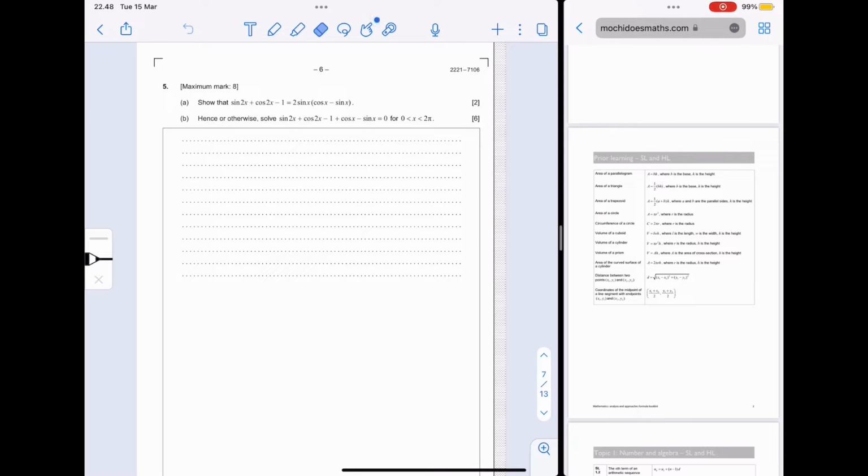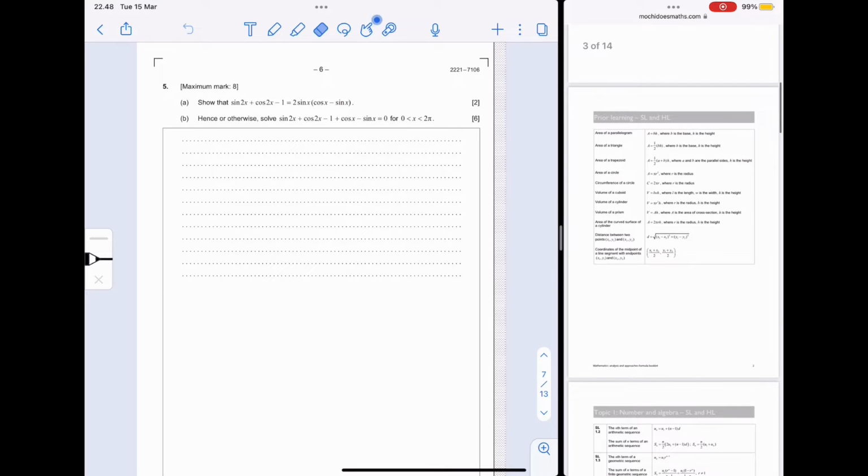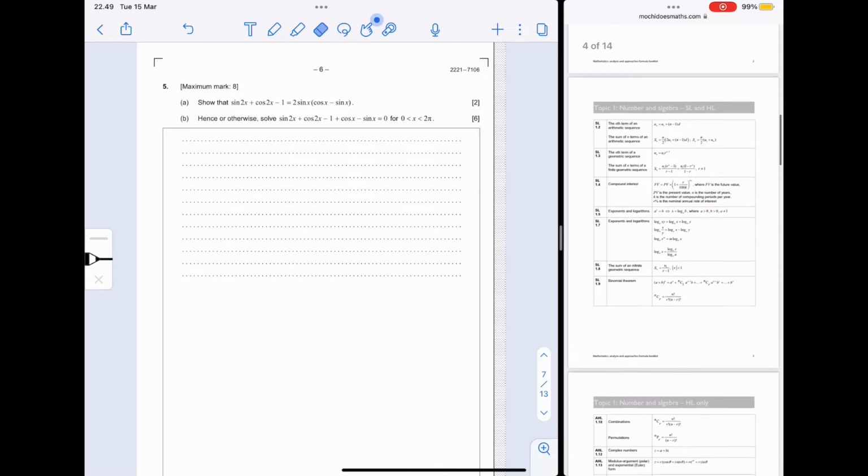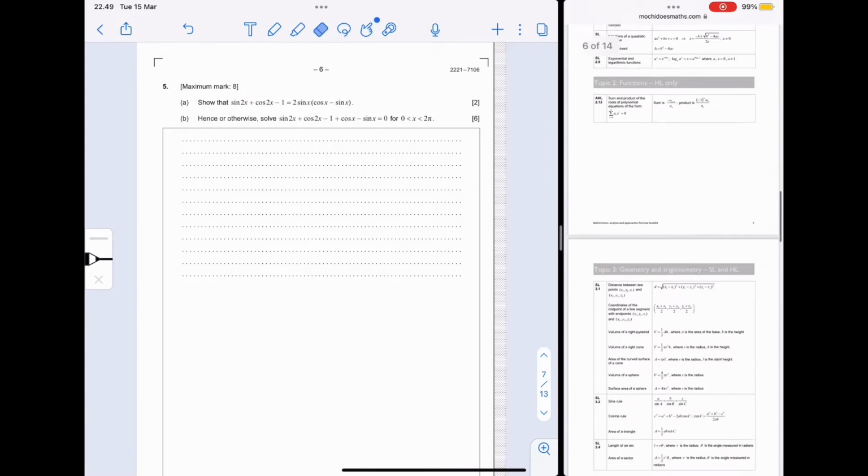As you can see, if it's related to trigonometry and you have to change it from sine 2x to just x, it means you need to use the identities. Identities can be found in the paper formula booklets. Let's find it. Trigonometry.